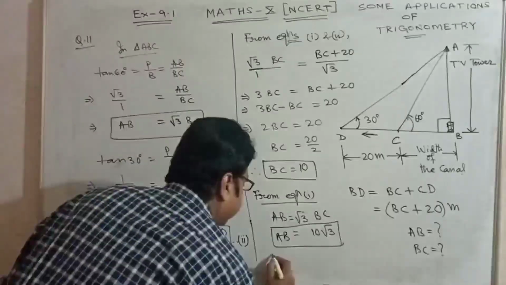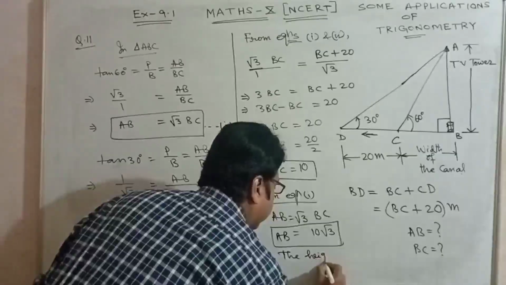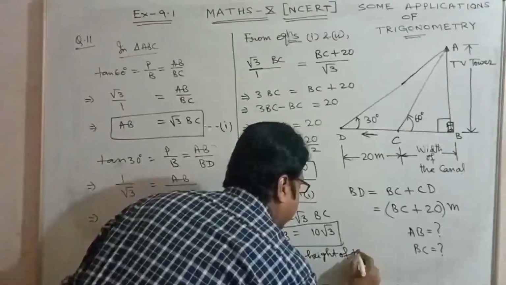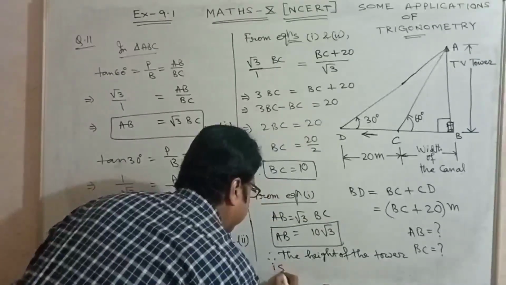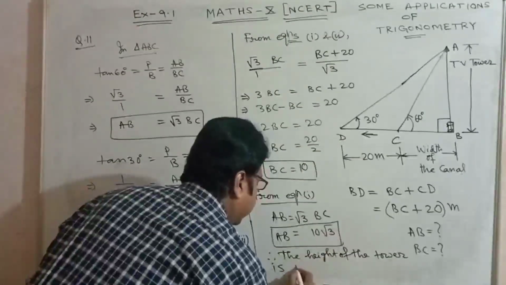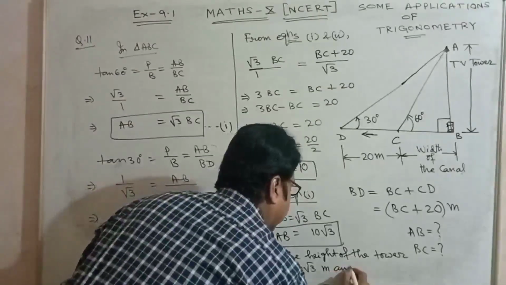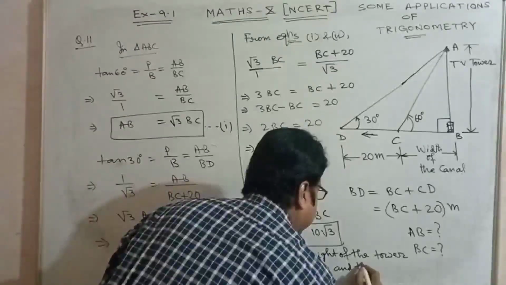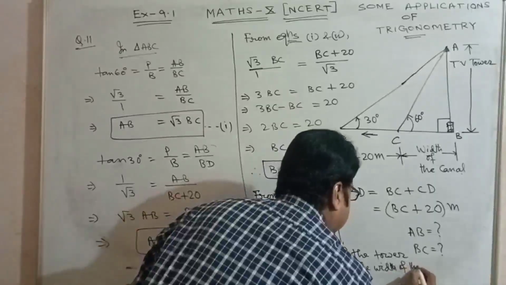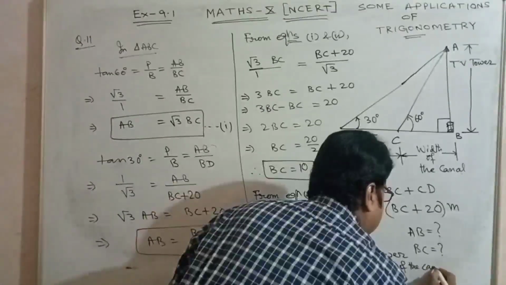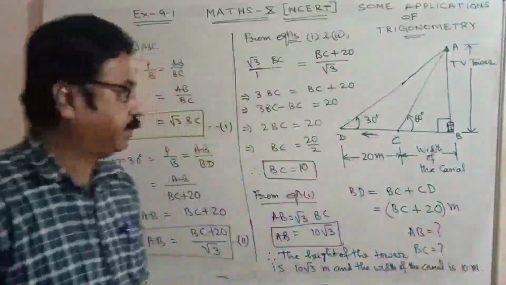We can write therefore the height of the tower is 10 root 3 meter and the width of the canal is 10 meter.